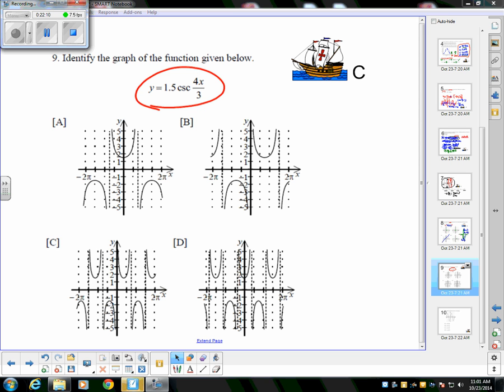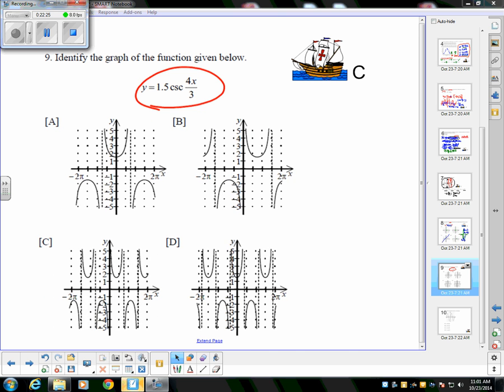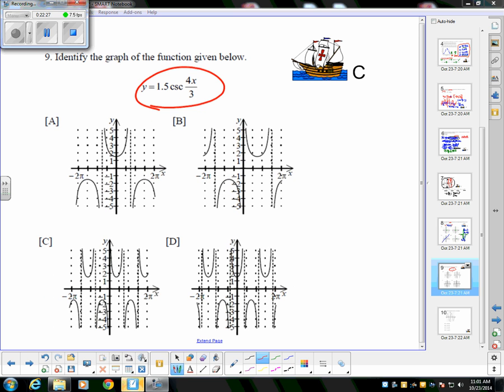But since we have the function and we have graphing calculators, it's easiest just to type this in the graphing calculator. Now, if you remember from the other slides, typing it in correctly is important, and setting your window up is important. If you type this in, remember that it's going to have to look like this. Y is equal to 1.5, right?